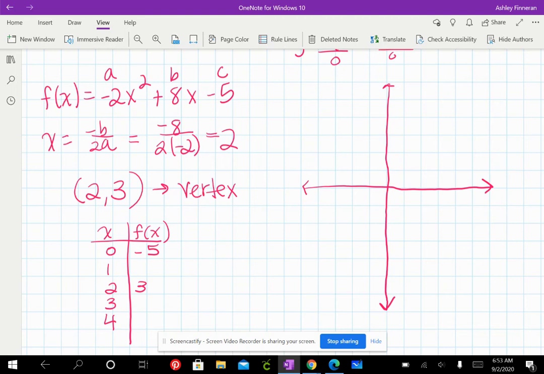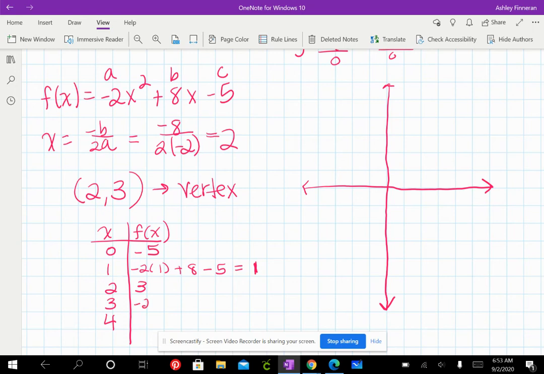If I plug in 1, I have negative 2 times 1 squared, which is 1, plus 8 minus 5. Negative 2 plus 8 is 6, minus 5 is 1. And then although these points should be the same because of the symmetry that exists within parabolas, I'm still going to plug in the other values to make sure I didn't mess up on the first two values.